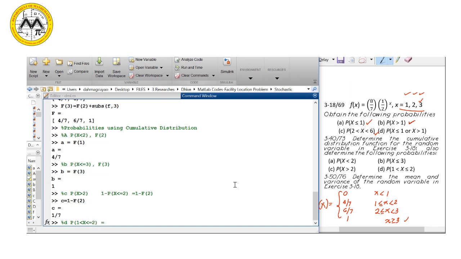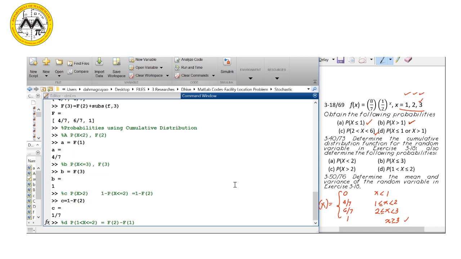So that would be f of 2. 2 is included, so f of 2, minus f of 1, since greater than 1 excludes 1.